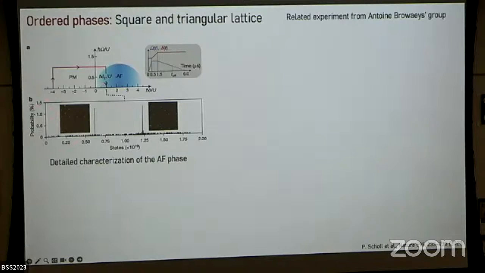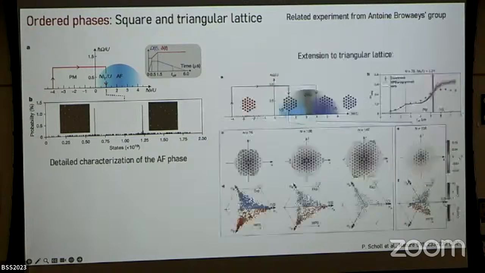And here they do a very detailed characterization of the antiferromagnetic phase they prepare, but also they look at the extension of this study to triangular lattices. And so they look at the correlations in this case, and they try to define what are the phases that they're observing. I'm not gonna give you much details here. It's more or less the same idea. So you can look at the paper if you're interested in the details.